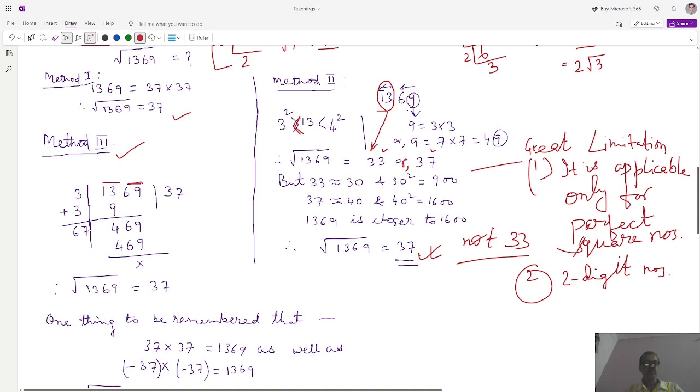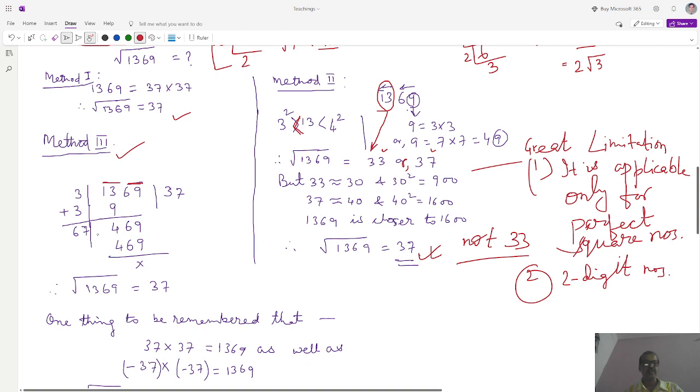Now, in a similar way, we have to judge what will be the unit digit, then multiply this number by this digit, that is, we have to put here.